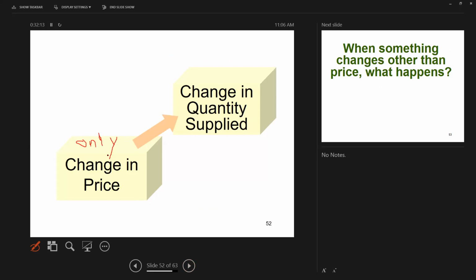Only a change in price can cause a change in quantity supplied. Remembering back when we talked about demand, only a change in price can cause a change in quantity demanded. Only a change in price can cause a change in quantity supplied.